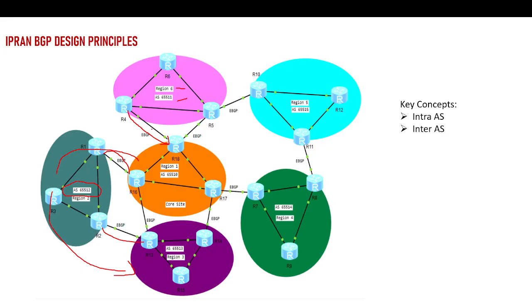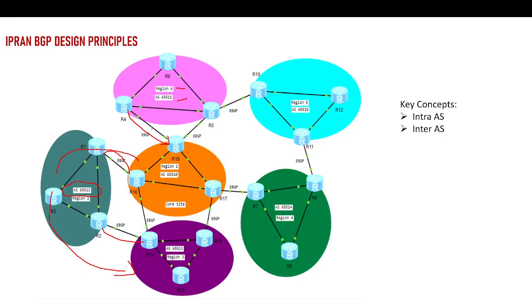For instance, you have region 2, region 3, and also region 1. Region 1 is like the core, right? Now we can be running region 2, region 3, and so on as IPRAN, but region 1 will be the IP core, right?